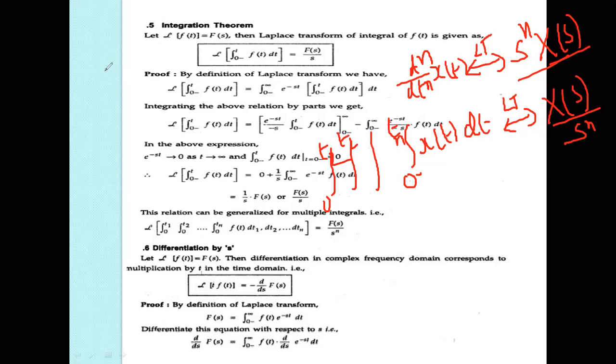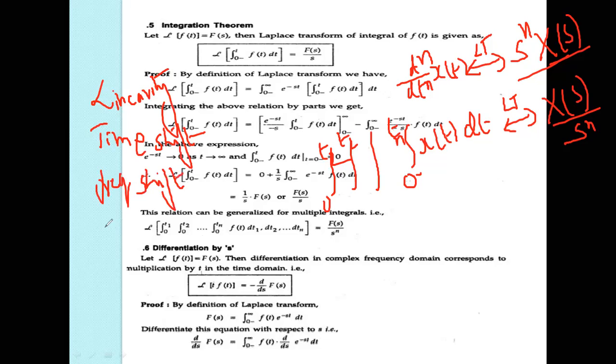One is the linearity property; second, the time shift property, translation in time; third, the complex or frequency shift, translation in frequency; fourth, the differentiation theorem, differentiation in time domain; and fifth, the integration theorem.